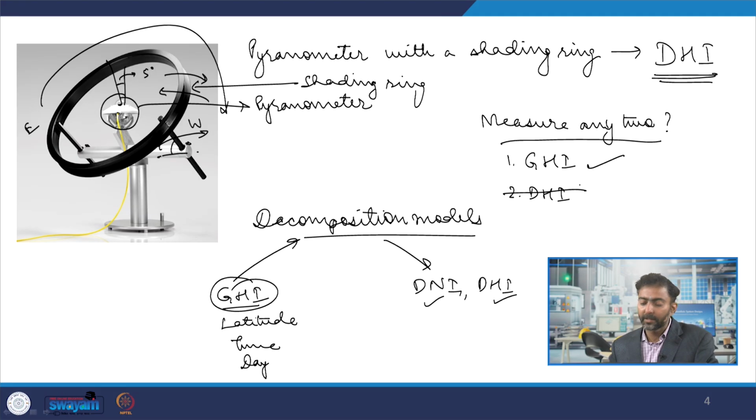Even if we don't measure DHI, still to a reasonable degree of accuracy, we can get the solar irradiation components. And that is why usually across the globe, the most popular measurements are for GHI, and the second most popular is DHI. DNI is very rare. Only some very sophisticated laboratories usually measure the DNI on a regular basis. So that is about the three components of radiation and their measurement.